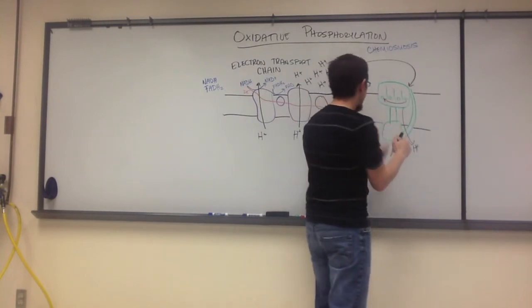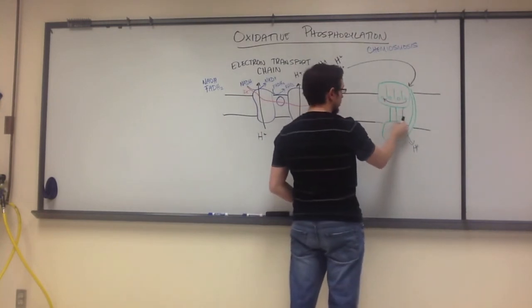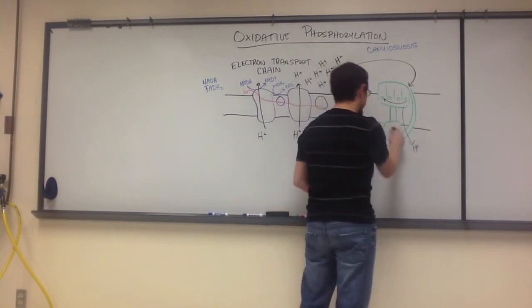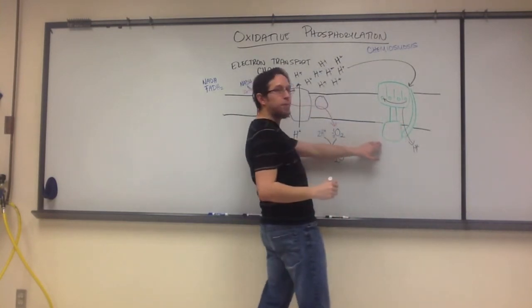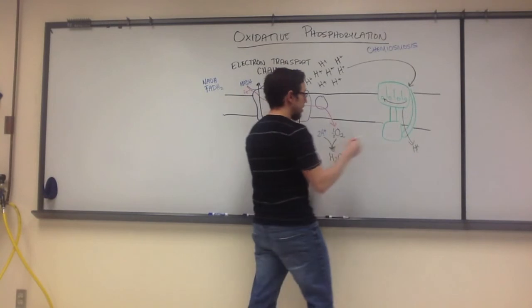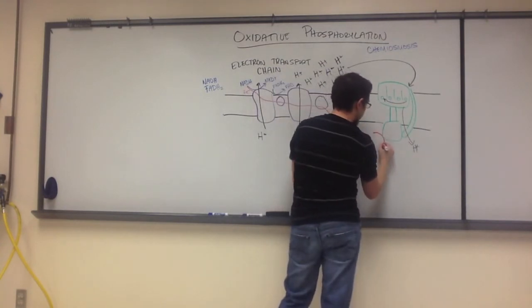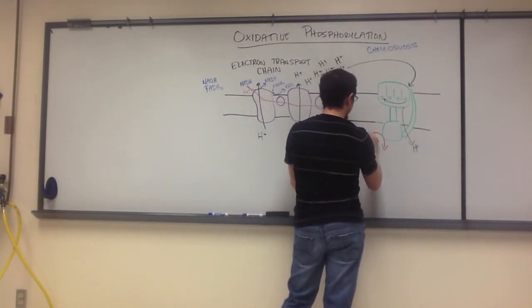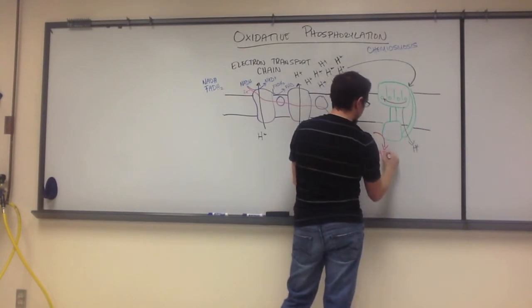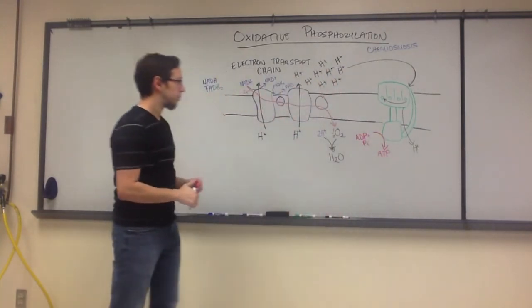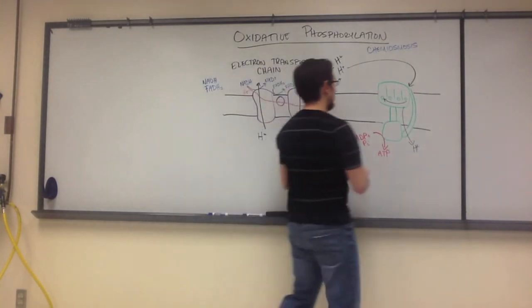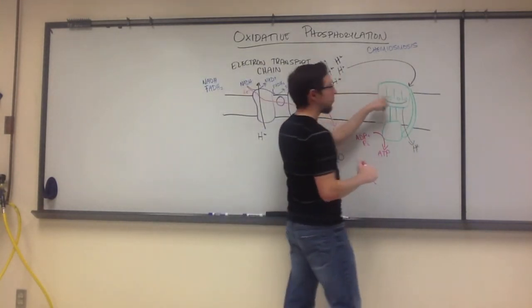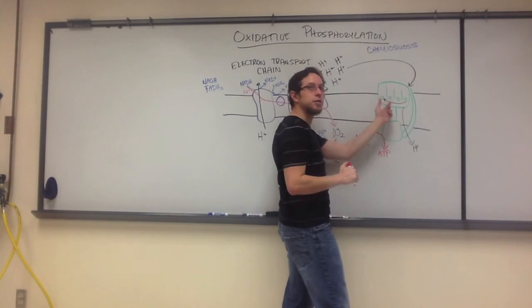It spins. And as it spins, it causes another structure in the protein to spin, and that spinning, that kinetic energy, is sufficient to convert a molecule of ADP plus an inorganic phosphate to a molecule of ATP. Okay? So, again, the protons move into this protein, causing it to spin.